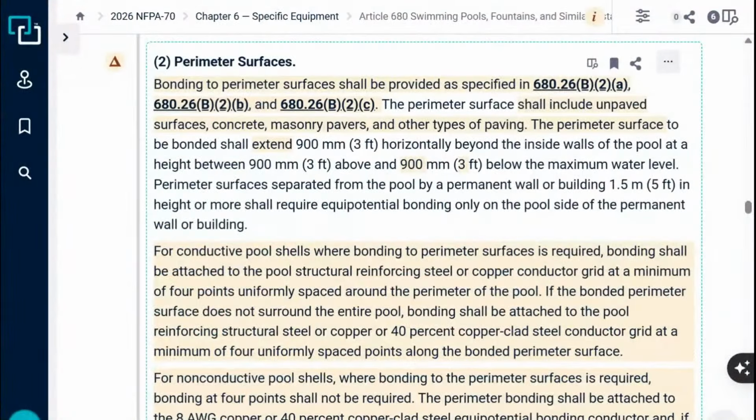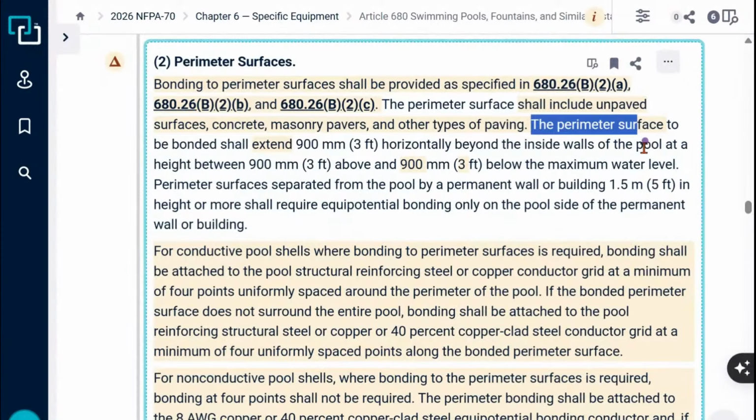Now, it says the perimeter surface to be bonded shall extend 3 feet horizontally beyond the inside wall of the pool at the height between 3 feet above and 3 feet below. Again, you could have different contours, different grading, landscaping, all this kind of stuff that goes up on a hill beside the pool. You could have it drop down on the edge of the pool, down a hill or a bit of a slant.